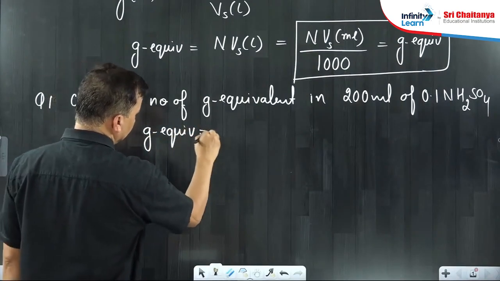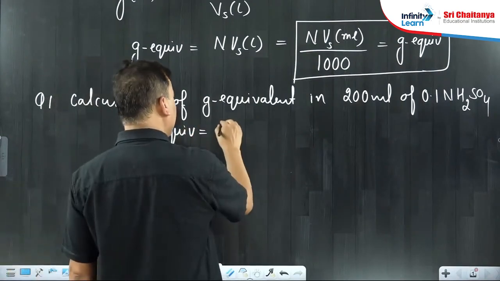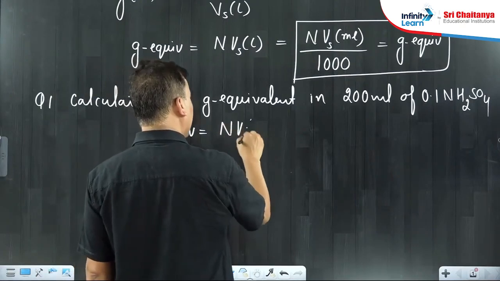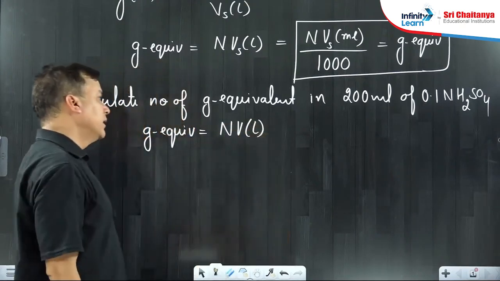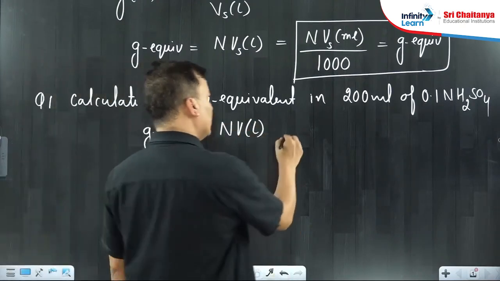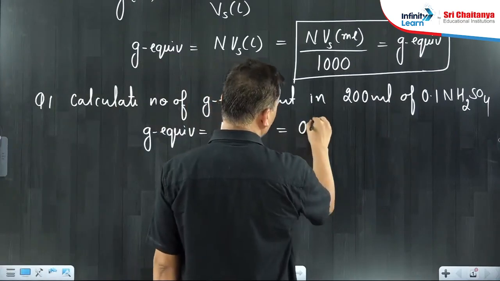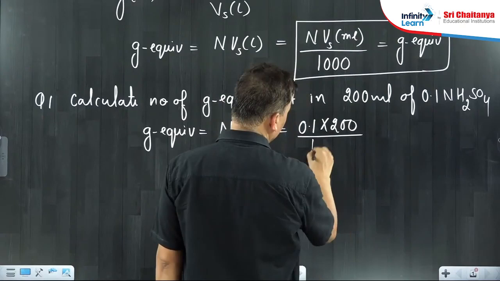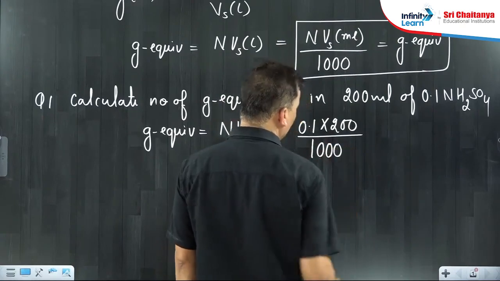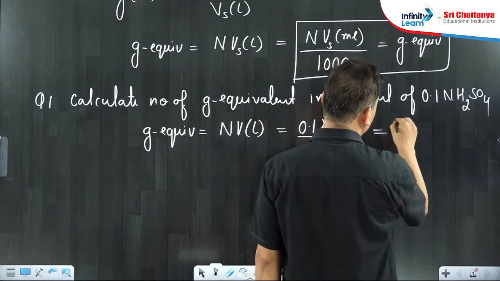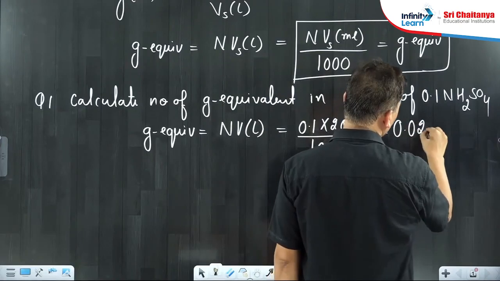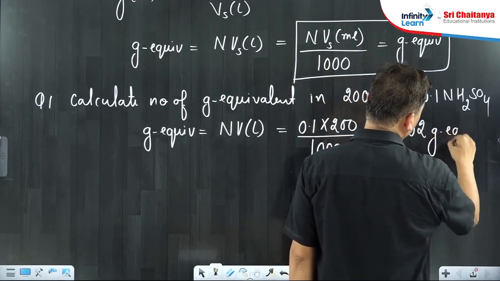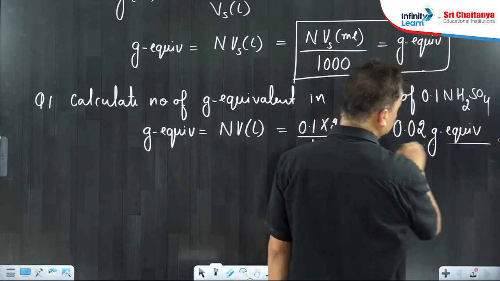Gram equivalent is equal to what? Normality into volume, and the volume of solution must be in liters. So what is the normality here? Here it is 0.1, and here is 200 divided by 1000. So how many gram equivalents is there? 0.02 gram equivalent of sulfuric acid.